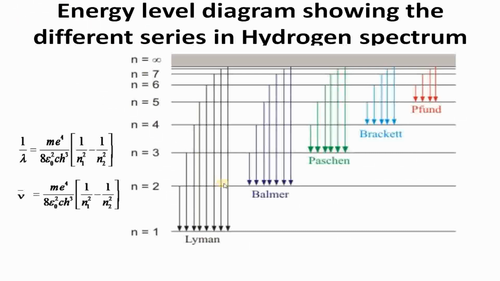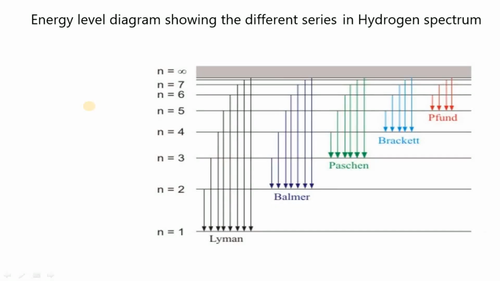Now, out of these series, we are interested in the Balmer series because it belongs to the visible region of the electromagnetic spectrum. The emission spectrum of hydrogen in the Balmer series consists of 4 prominent wavelengths. The first line in the Balmer series is due to the electronic transition from n equal to 3 to n equal to 2.